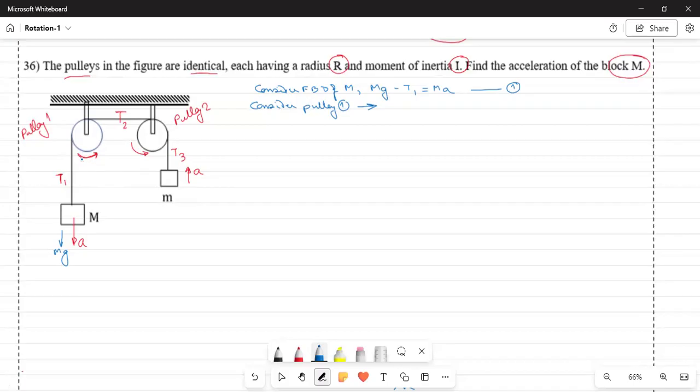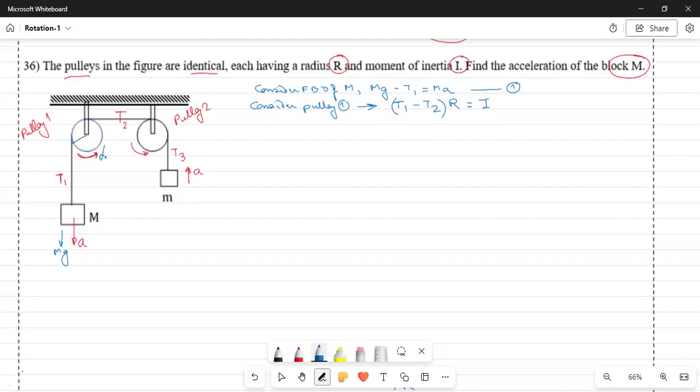The pulley moves in anti-clockwise direction, and the anti-clockwise torque is produced by T1 multiplied by radius r. So T1 minus T2, because T2 produces the torque in the other direction, times R will be equal to I, moment of inertia, times alpha.